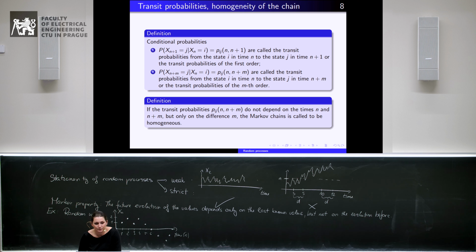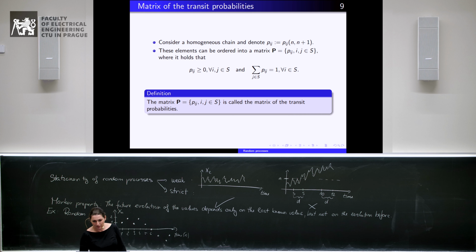And again, we suppose that the probabilities don't depend on where we are in the chain. They depend only on the number of steps between these 2 values. I will show you in the example everything that is written here.